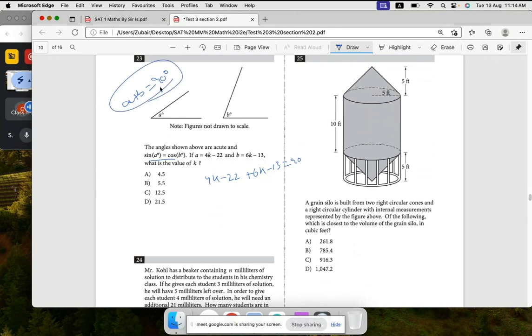A plus b is 90. Yes, I agree. 10k minus 35 equals 90. Sorry, I have to add. 90 plus 35 is 125 by 10, so k is 12.5. Actually, 10k minus 35 equals 55, so k is 5.5.